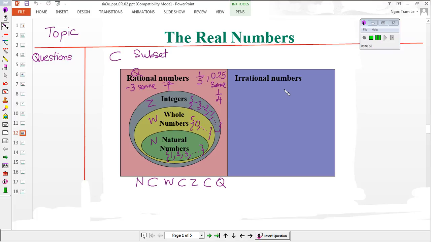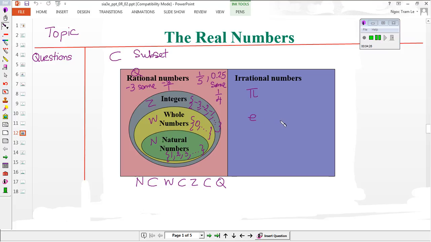Now let's move on to irrational numbers. Irrational numbers are numbers that you cannot write as a fraction. For example, pi. We all know pi is 3.1415 and so on. So even now we still do not know the end of pi. Or e.